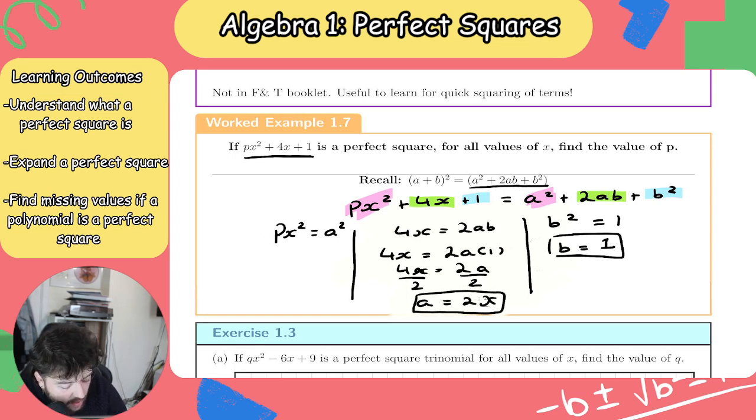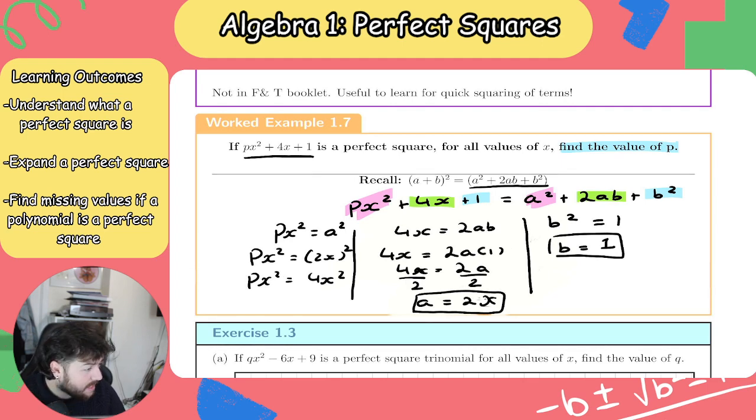What does the question ask us to find? Find the value of p. So let's sub this in. px squared is equal to a squared, which is (2x) all to be squared. px squared is equal to 4x squared. And then p is equal to 4. So p therefore has to be equal to 4.